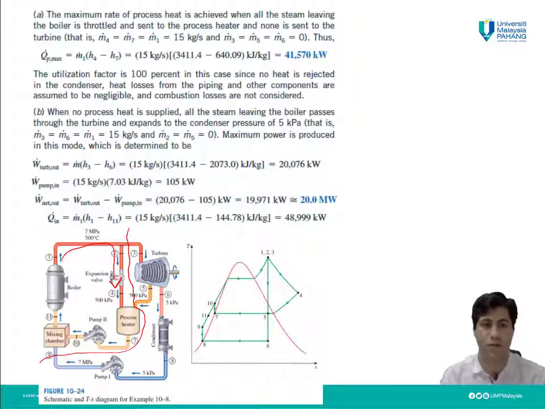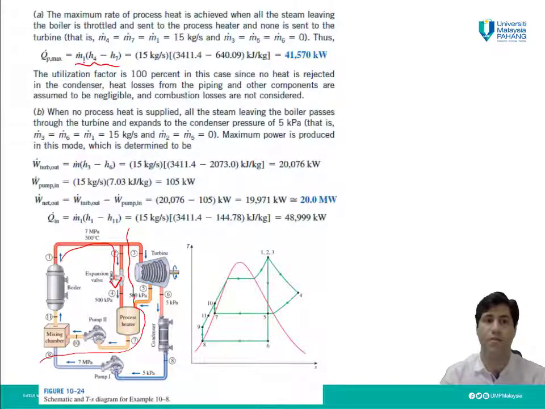So m1, which is equal to the other m dots in the cycle, and h4 minus h7, before and after the process heater. So it is the mass flow rate of the working fluid through the process heater times the change in the enthalpy of the working fluid in the process heater.